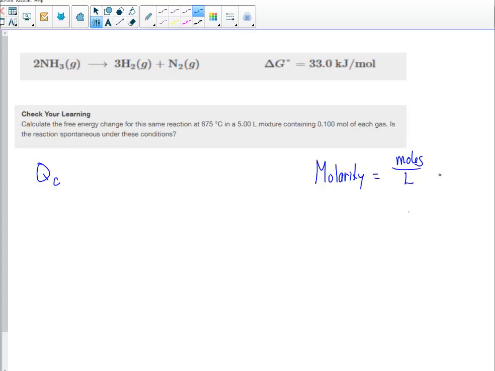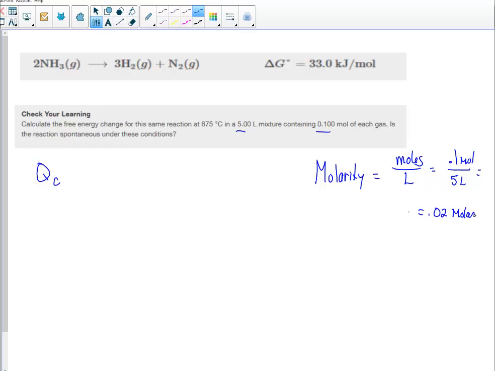Since we had 0.1 mole of the gas in a 5-liter mixture, you had to find the molarity, didn't you? You had to say 0.1 divided by 5. And that, of course, is 0.02 molar. And that's for each one of your reactants and products.